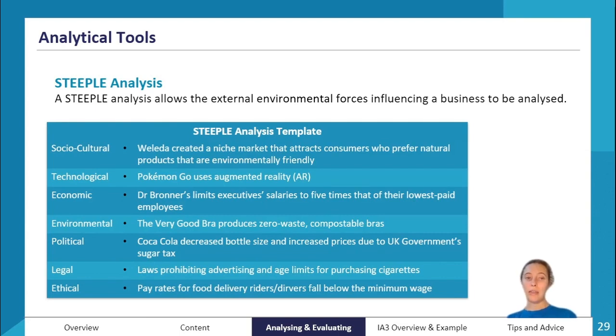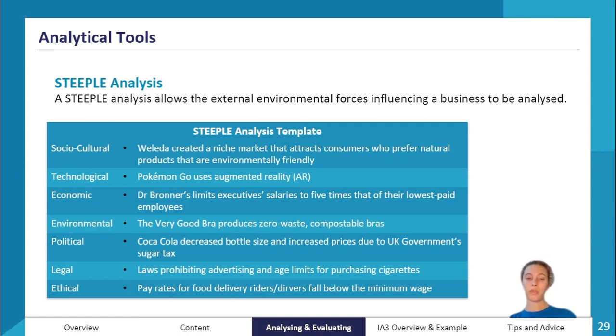Now let's have a look at the steeple analysis. This is building on that SWOT analysis because usually it allows us to go into more depth and pick apart things into these different categories. So this is about external environmental forces that influence a business, and we're able to analyze that using this template.